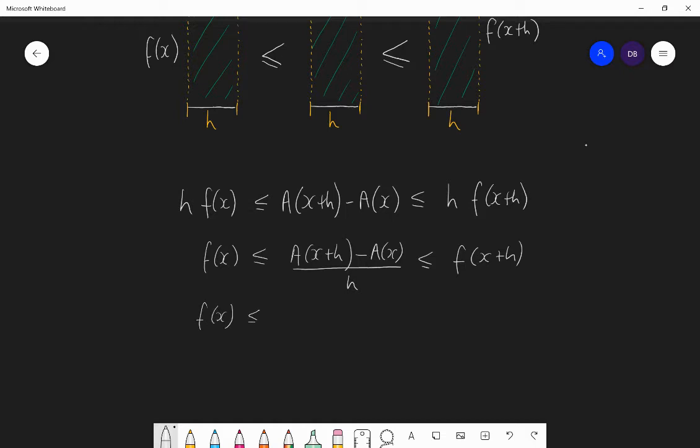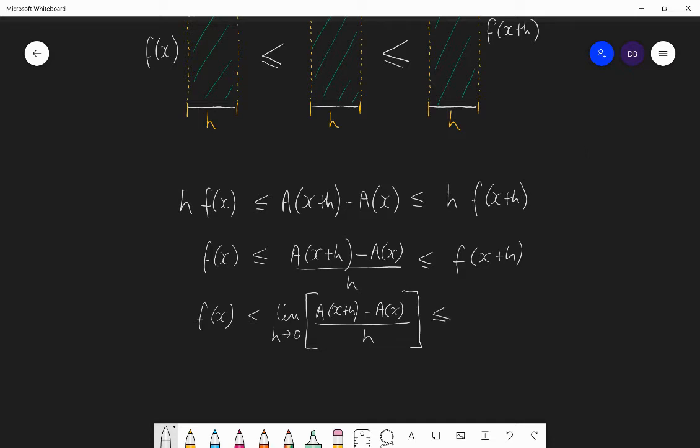The middle part of my inequality, I'm going to write, let's find the limit as h tends to 0 of this expression, A of x plus h minus A of x over h. And you might recognize that from the start of differentiation, and we'll come back to that in a second.